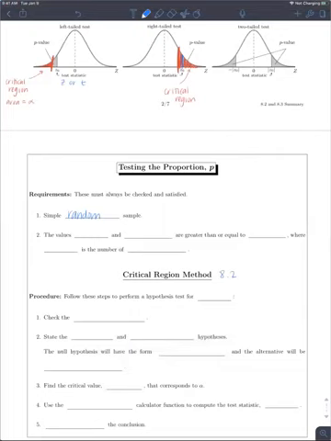Before it was that n was greater than or equal to 30. But here, when you're testing proportions, you don't look for n being bigger than 30. You look for two values, and you want to make sure that those are bigger than some other value that's not 30. So what are the two things that you're looking for? Yeah, so it's np and nq.